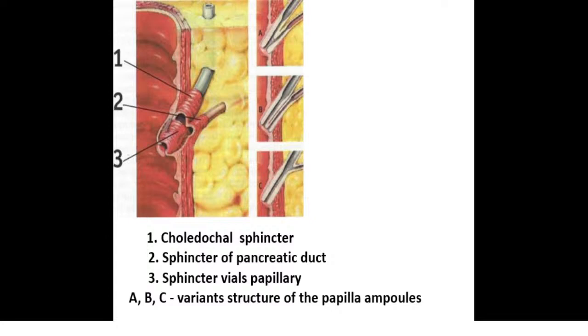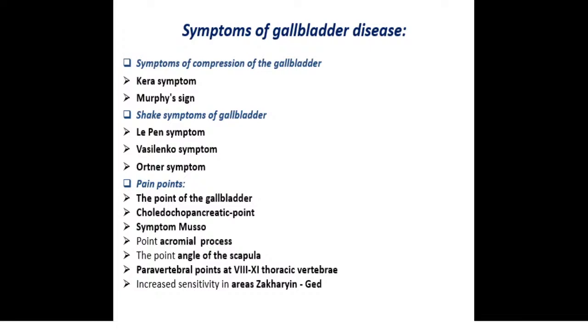It connects with the structure of the sphincter of Oddi, because the sphincter of Oddi may have different structures: one variant, another variant, and a third variant. The symptoms we can determine are identical to chronic cholecystitis: symptom of compression of the gallbladder, symptom of shaking of the gallbladder, and pain points.